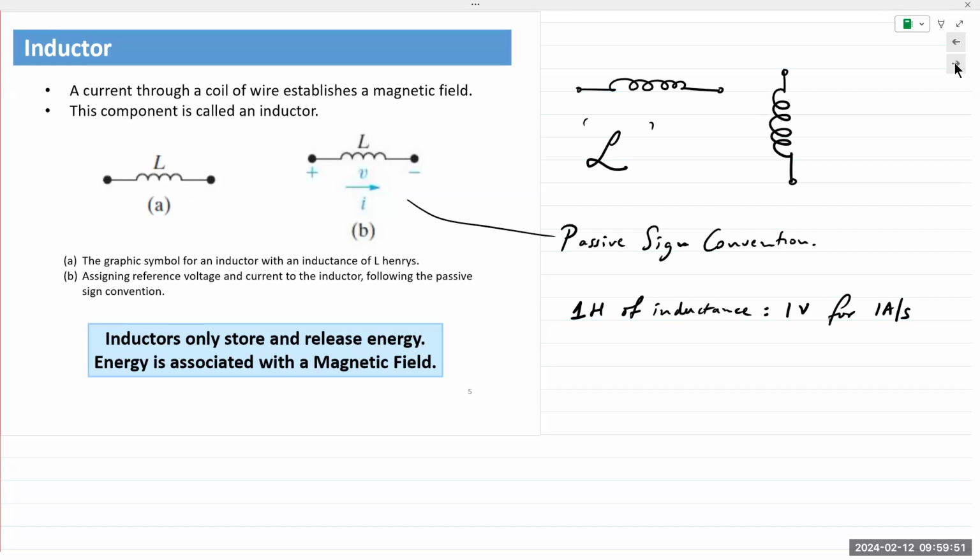At the beginning, it's 0 amps. Then you apply a current of 1 amp to it. The current is changing, so a magnetic field is established. So a voltage appears across that inductor while it is receiving the energy. But once the current reaches its full level of 1 amp, then the voltage across that inductor goes to 0. And we'll look at that when we actually get to the equations.